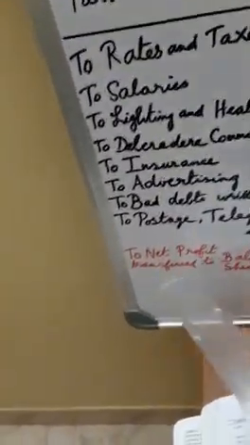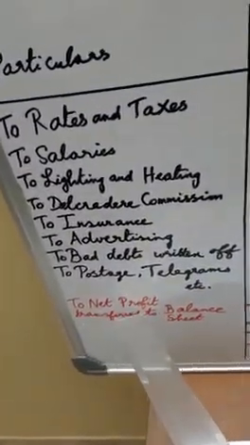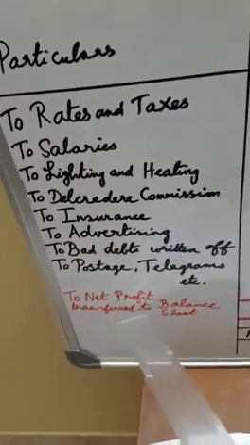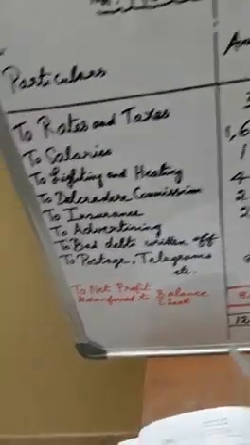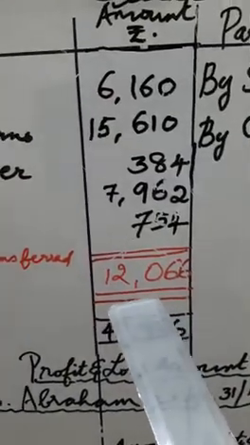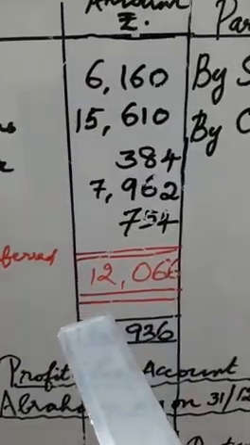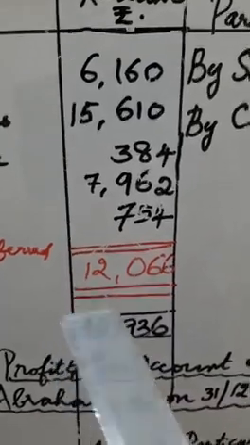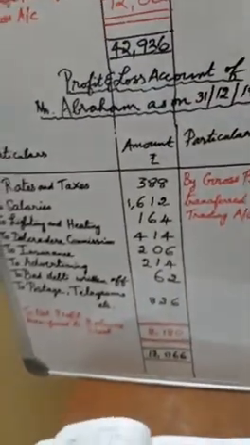So you have to write it here as, to net profit transferred to balance sheet. And you have to put two lines on top and on bottom. Here also I put two lines on top and bottom so that it will be easy for you to differentiate. So this is how you prepare the profit and loss account.